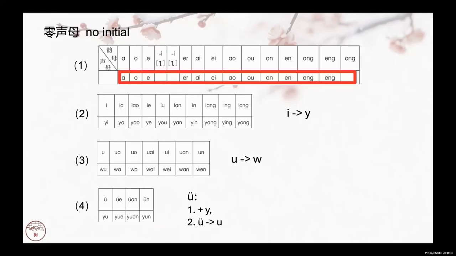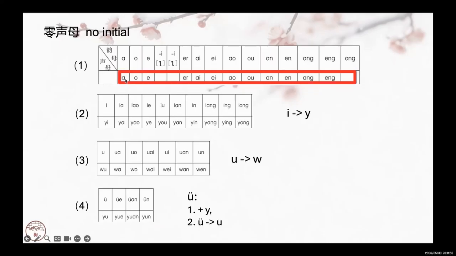They themselves can make a single syllable. For example, on the top of the table, the first row, there is no initial here because these vowels themselves can be a single syllable. A, O, E.